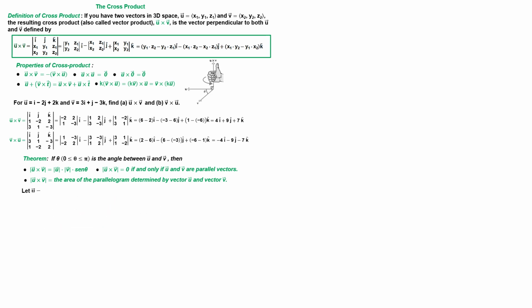Let's see how it works. We can calculate the cross product with a determinant.